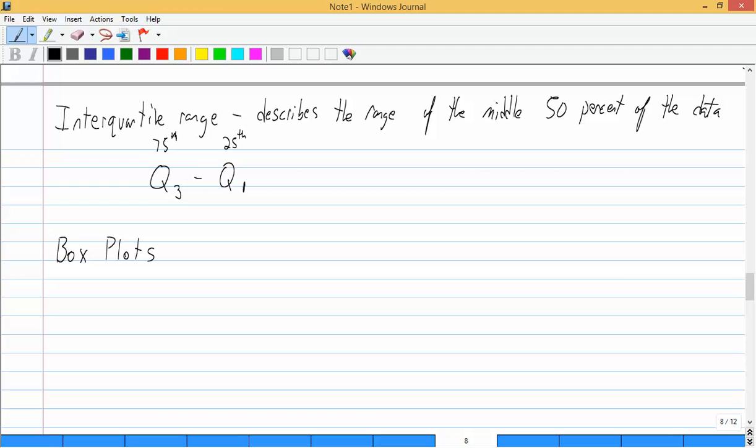Box plots are just a graphical summary of the data which look like a box, believe it or not.